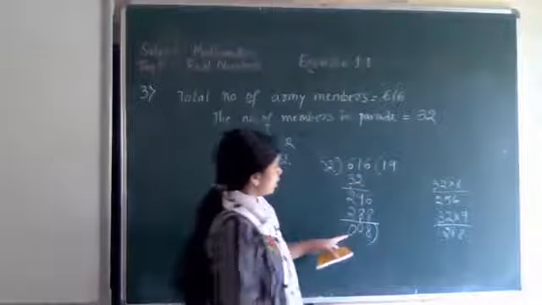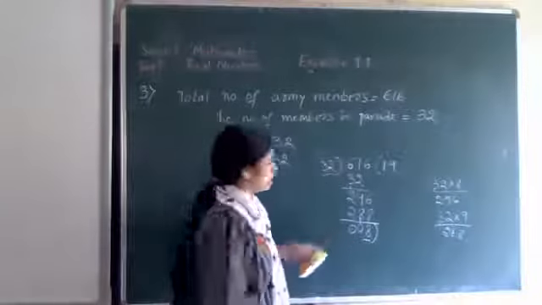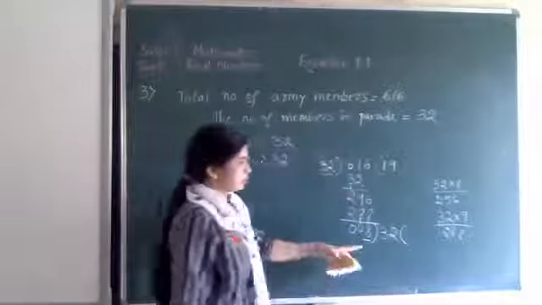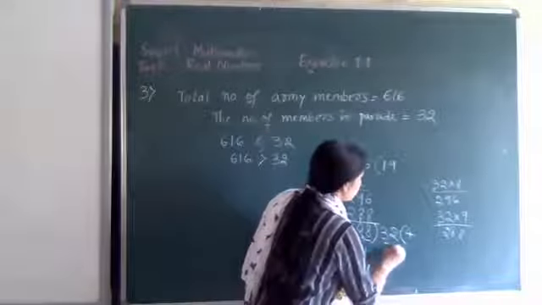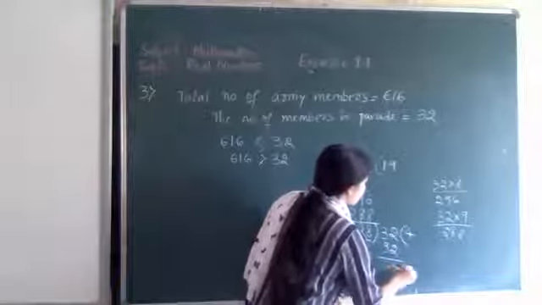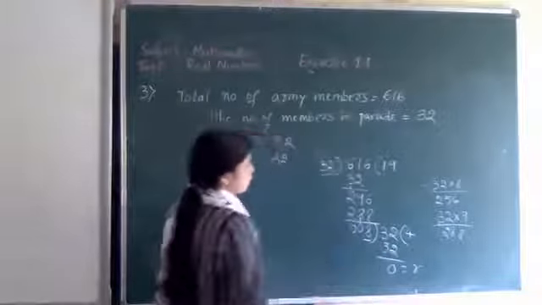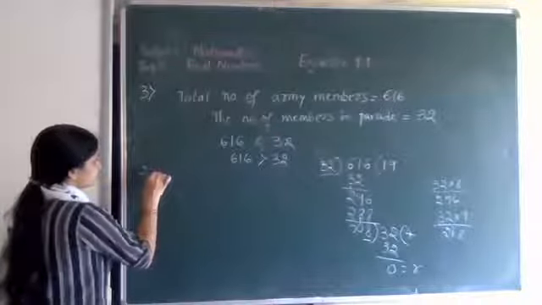Here we will apply it for 8 and 32. If we apply Euclid's division lemma for 8 and 32, then 8 into 4 is 32, and we get 0 as the remainder. Then we will stop the long division method.